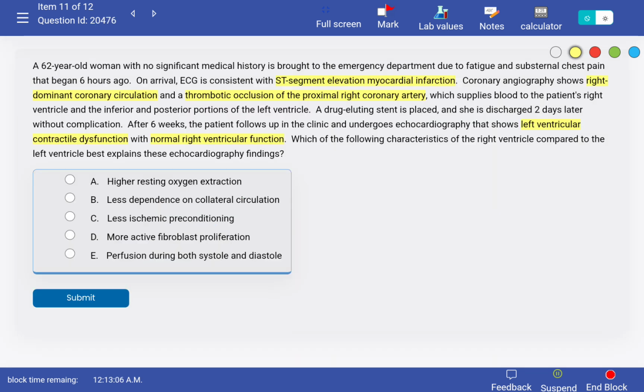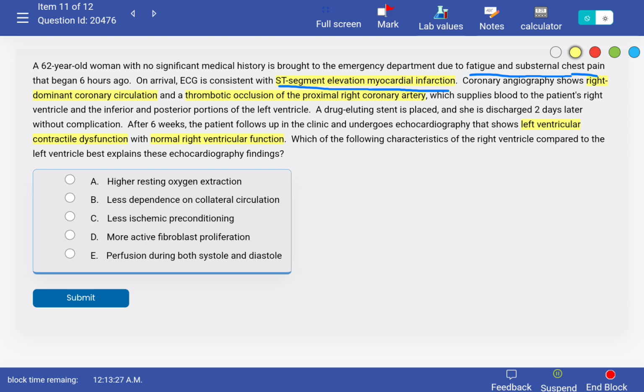In the next question, in question number 9, we have a 62-year-old woman with no significant medical history is brought to the emergency department due to fatigue and substernal chest pain that began 6 hours ago. On arrival, ECG is consistent with ST segment elevation MI.